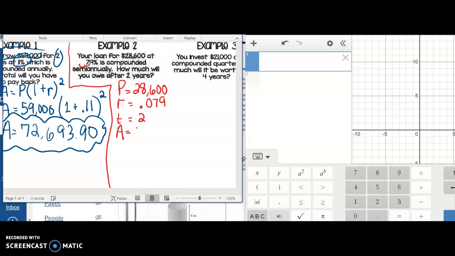So the principal, 28,600 times 1. So the 1 is making you include the $28,600 in the answer. Plus the rate, and this is for 2 years.